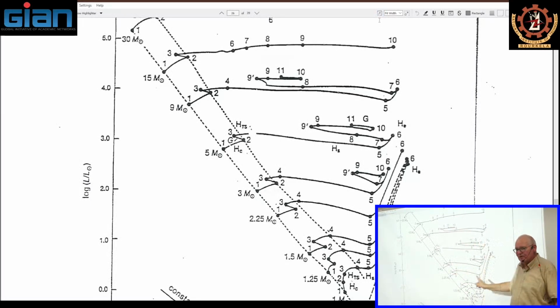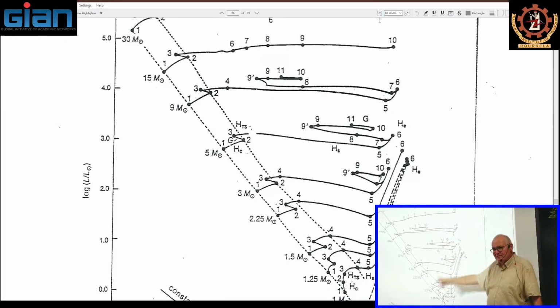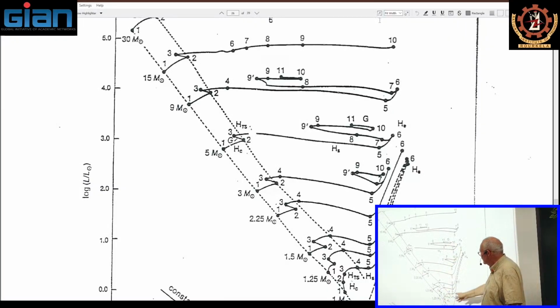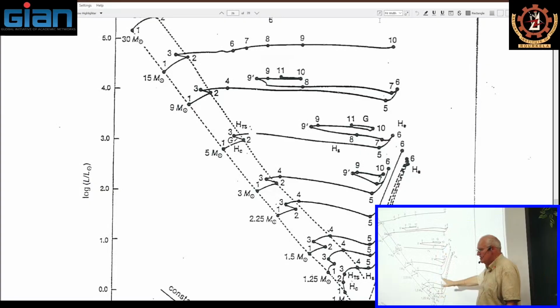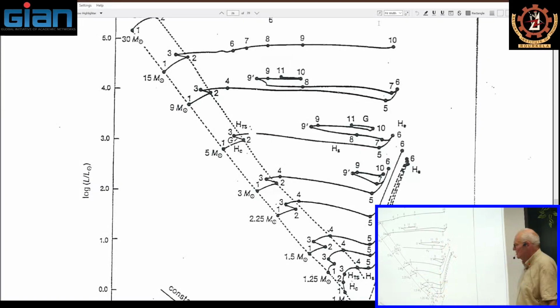Then the star goes very rapidly to the Hayashi line, crosses the Cepheid strip several times, and performs, depending on mass, loops or not. For the low mass stars, there are no loops. For the high mass stars, there are several blue loops towards the left of the Hertzsprung-Russell diagram, and here is the imaginary Hayashi line.